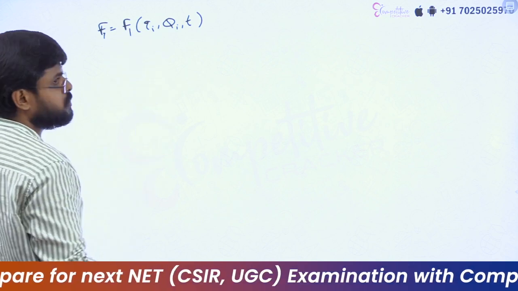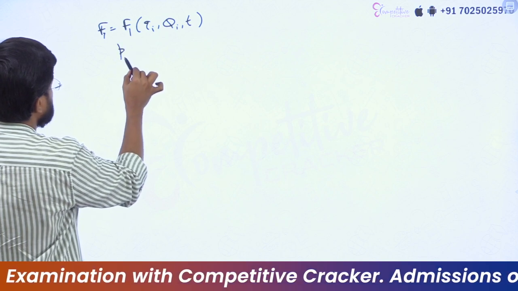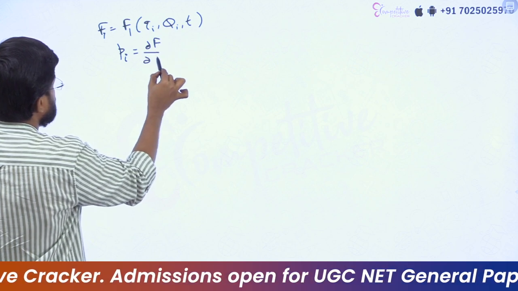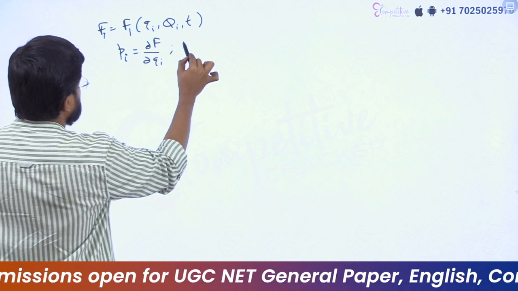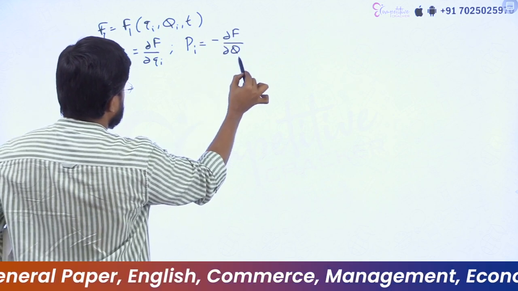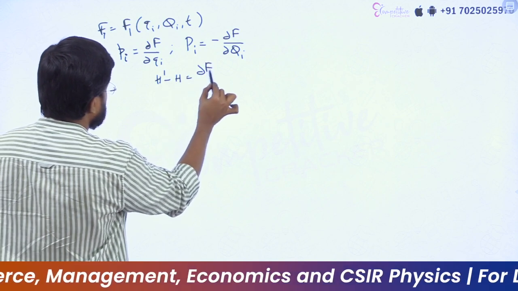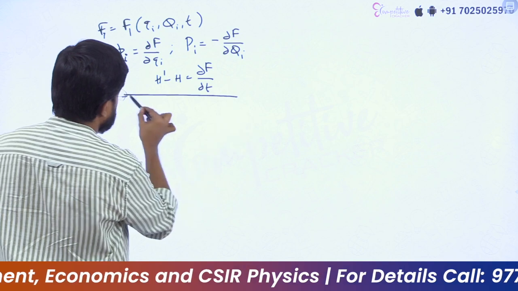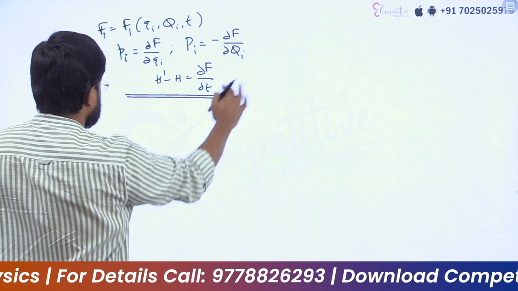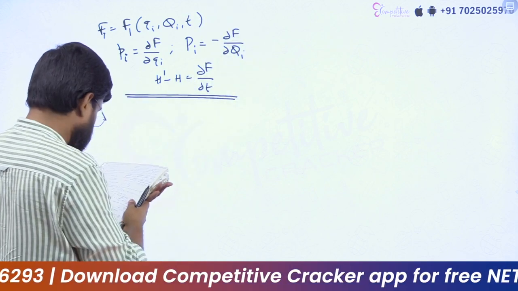So from F1 of q, Q, t, small pi equals ∂F/∂qi, capital Pi equals minus ∂F/∂Qi, and H prime minus H equals ∂F/∂t. Clear? So you have got F1 and the concerned equations of motion.